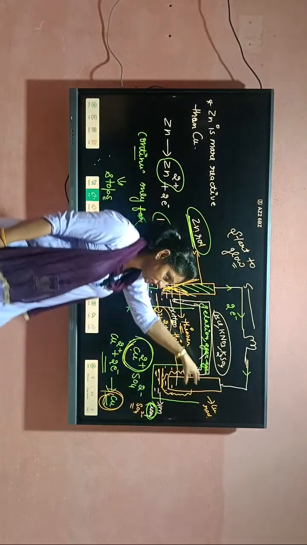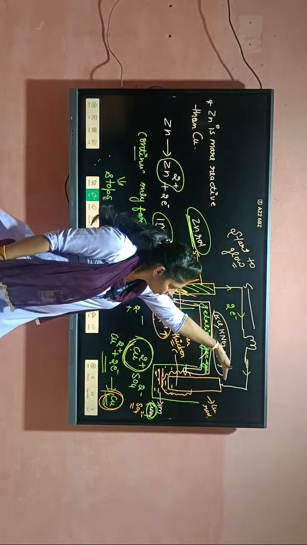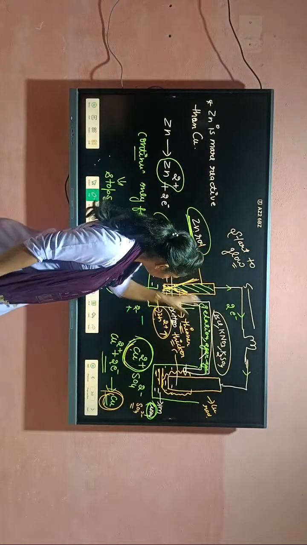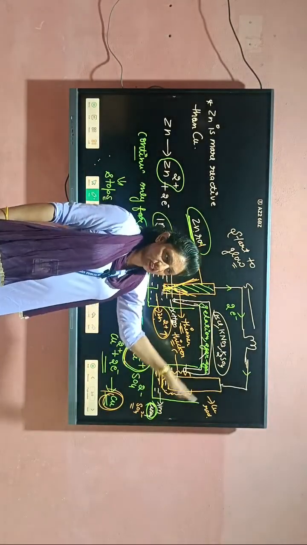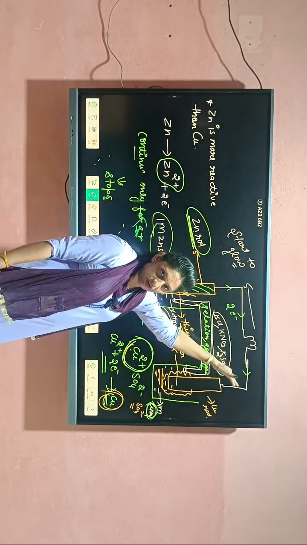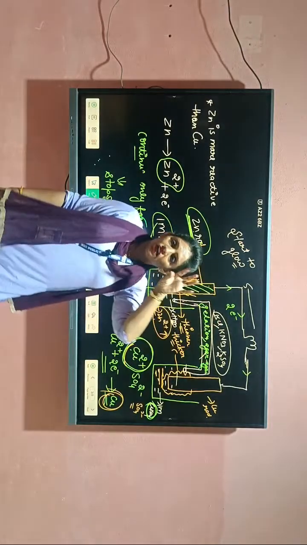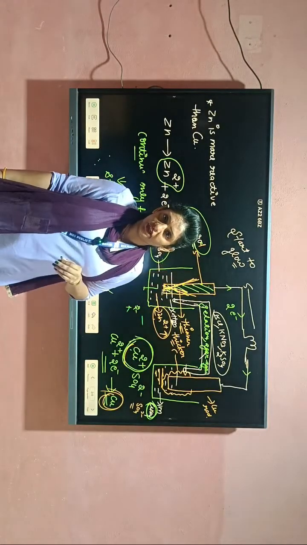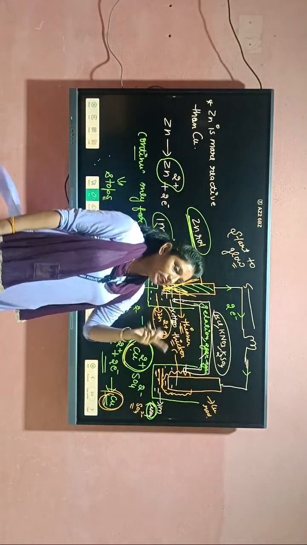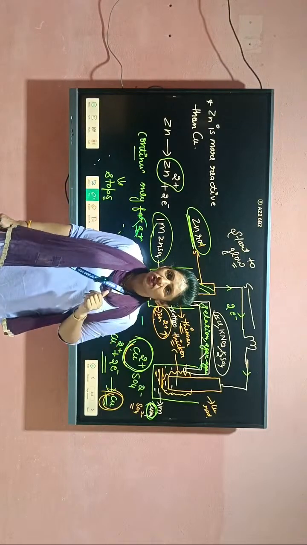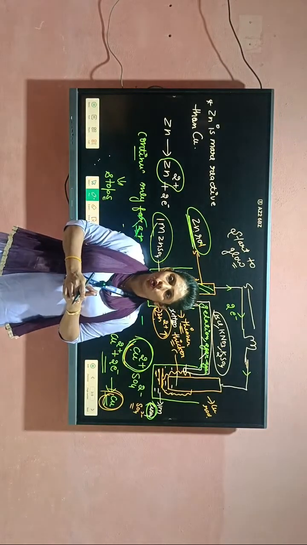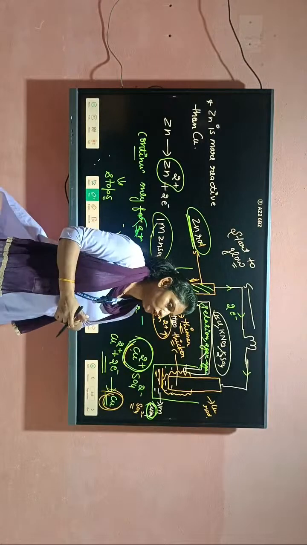Okay, then students, if we are not connecting them with wire, then no reaction will be there. But if we are connecting a wire, then this bulb will start to glow. If you are having a galvanometer, then there will be deflection. That deflection will show current is flowing or not.